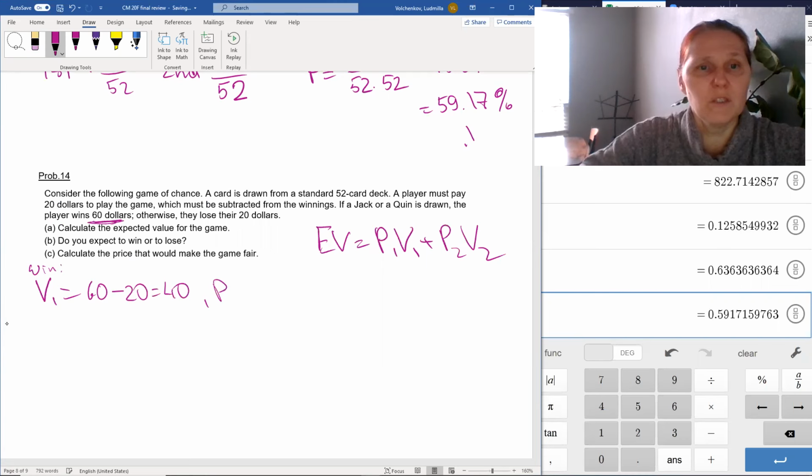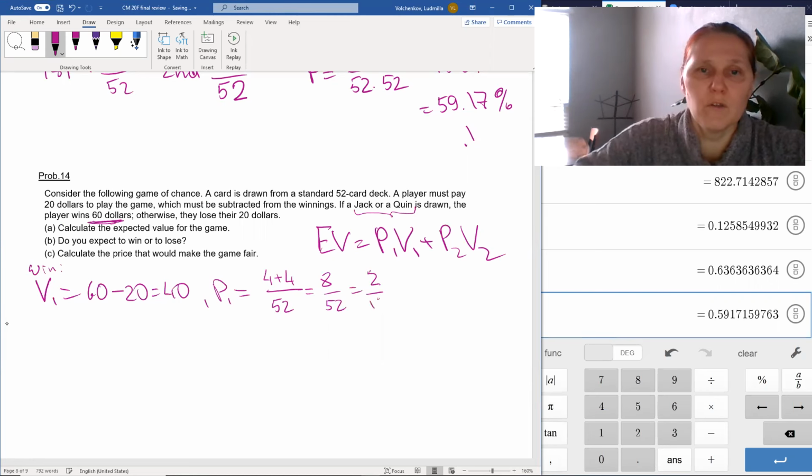The probability of winning, jack or queen, so we have 4 jacks and 4 queens from the total of 52 cards. So 8 over 52, or we can divide by 4, 2 over 13.